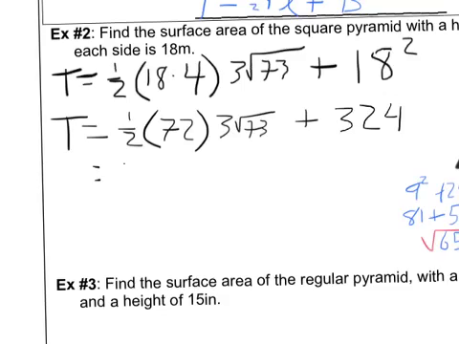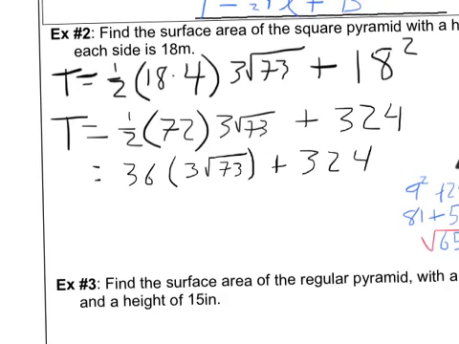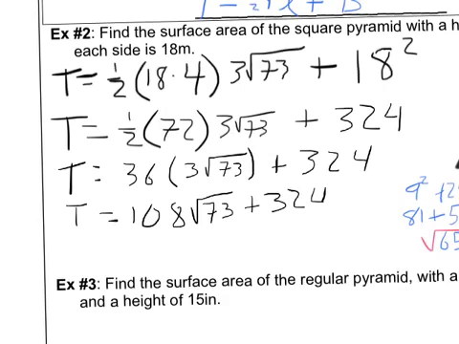Half of 72 would be 36. So now we have 36 times 3 rad 73. And 36 times 3 is 108 rad 73 plus 324. And that would be the exact answer.